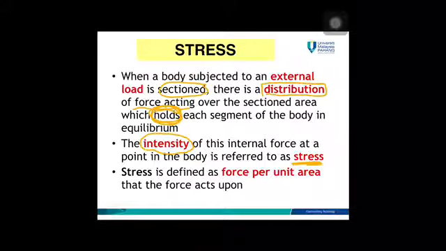Stress here is defined as a force per unit area. Stress is equal to force per unit area, force over area. Force, you will get it from internal resultant loadings that we previously learned.